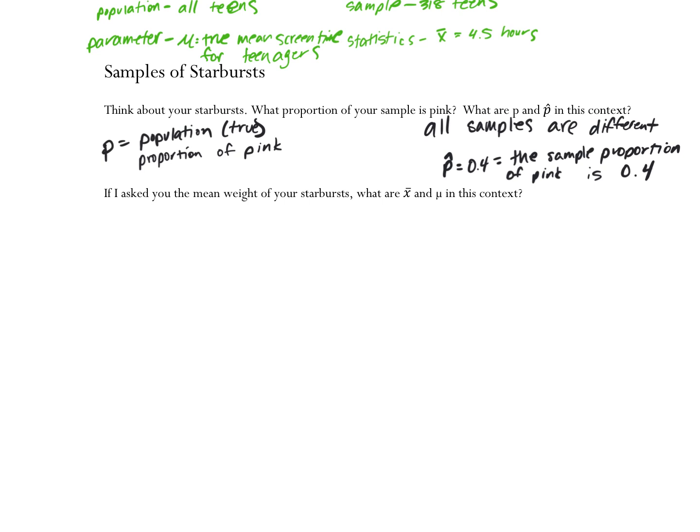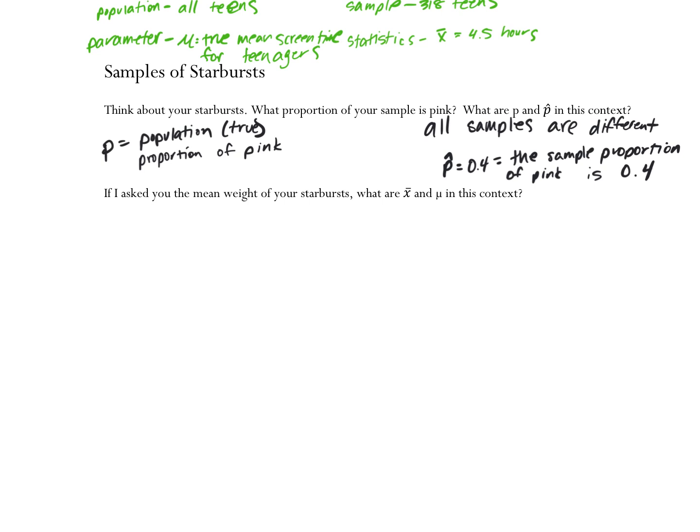So this is just reviewing that we have different symbols for sample values versus population values. What if instead I borrowed Dr. Lee's balances and had you measure the mass of every single one of your Starbursts and then found the average mass? Could I have done that?